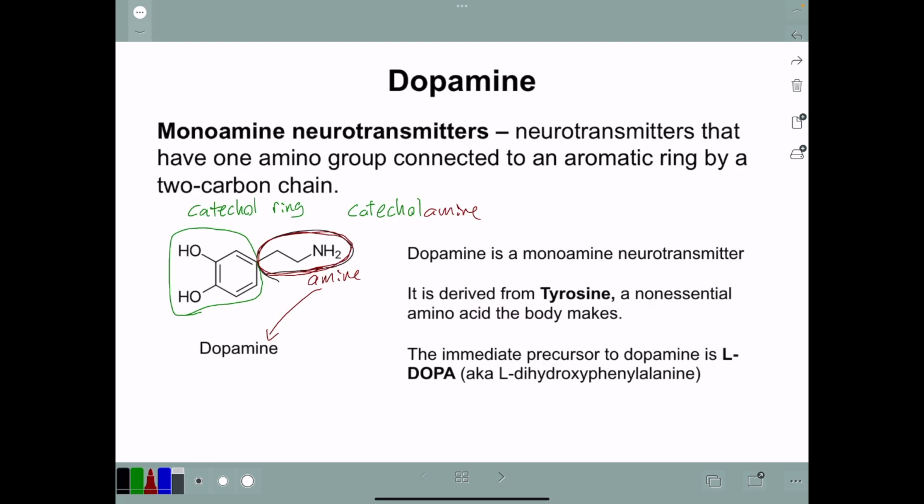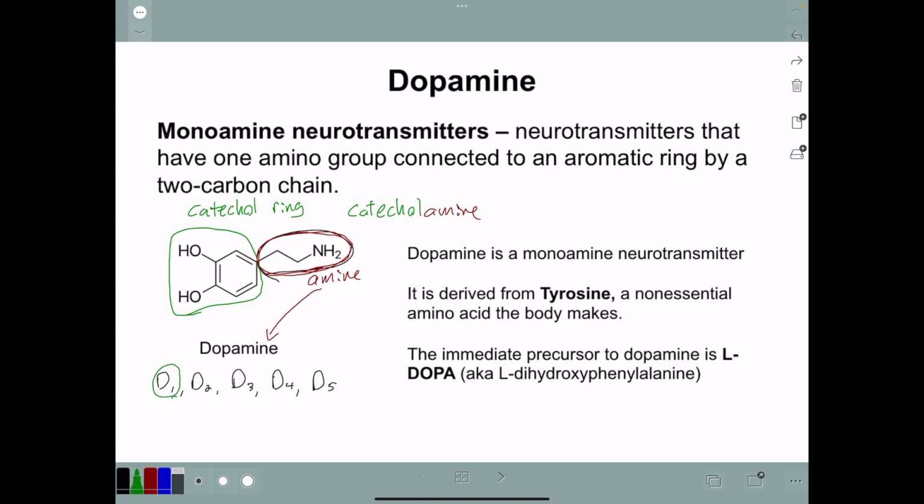And there are two major subclasses of dopamine receptors. In fact, we actually have 5 different major types of dopamine receptors, and they're conveniently labeled just D1 through D5. But they are categorized.